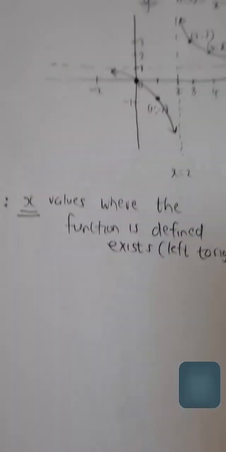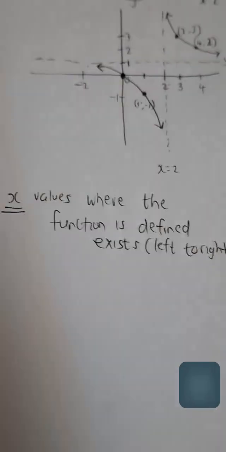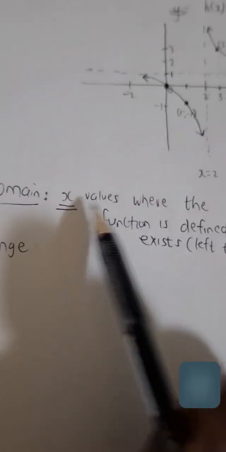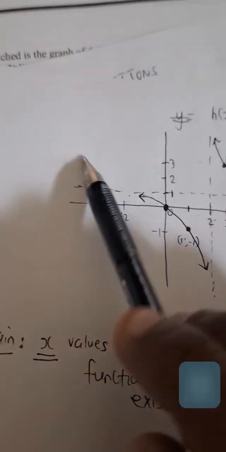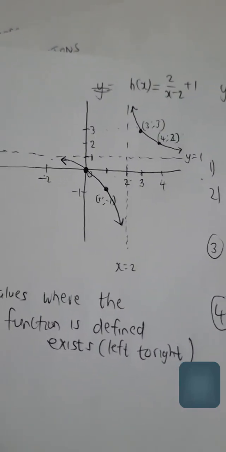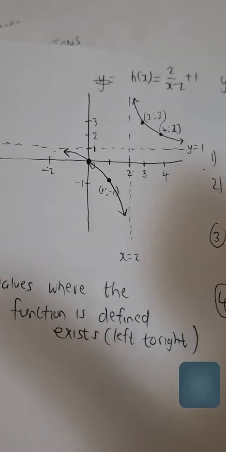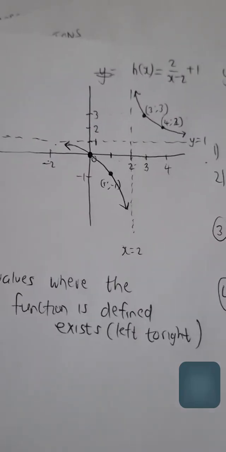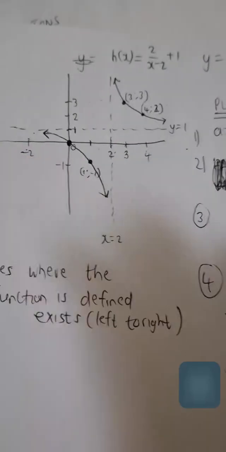How far from left to right does your function go? I think all in all, we are just talking about the x values where our function will exist. Where does the function exist from left to right? That is the question. And the answer to that question is what we call the domain.